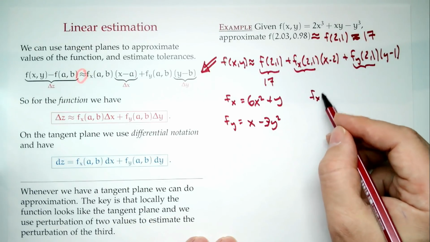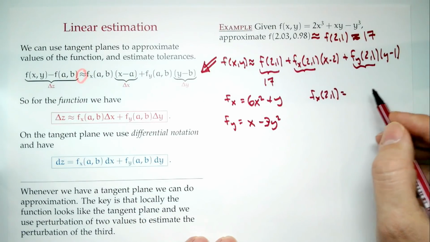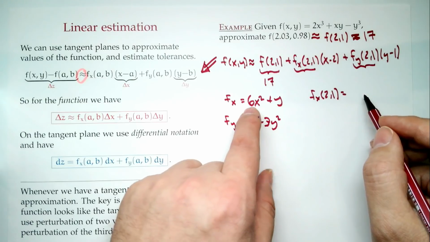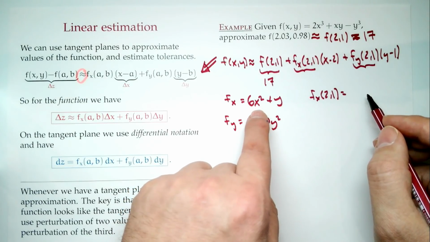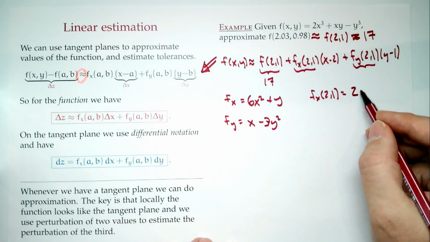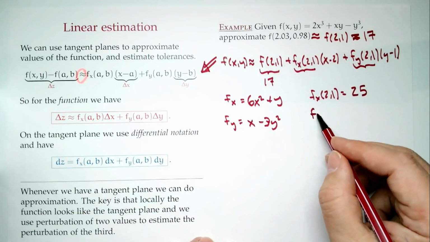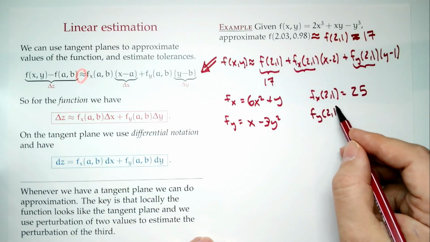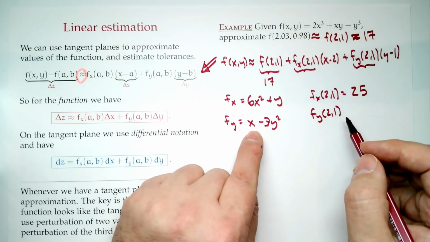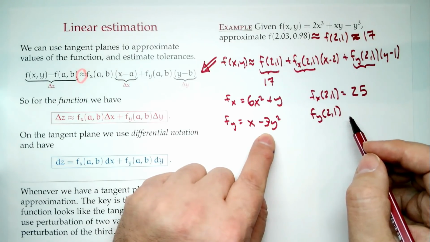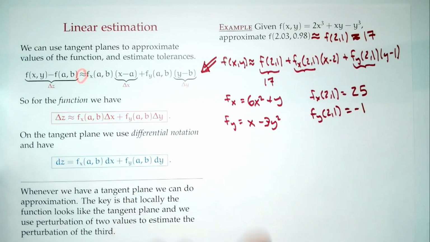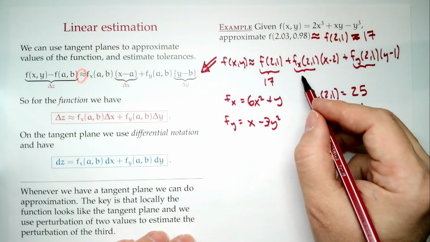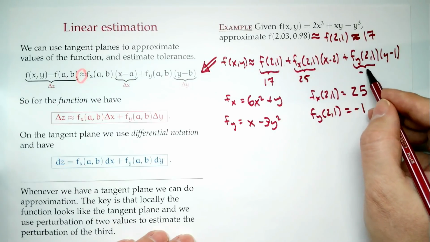So f sub x at 2, 1 will be, well, 6 times 4 plus 1, 25. F sub y at 2, 1, well, that's going to be 2 minus 3, so negative 1. All right, so we have that this is 25 and this is negative 1.